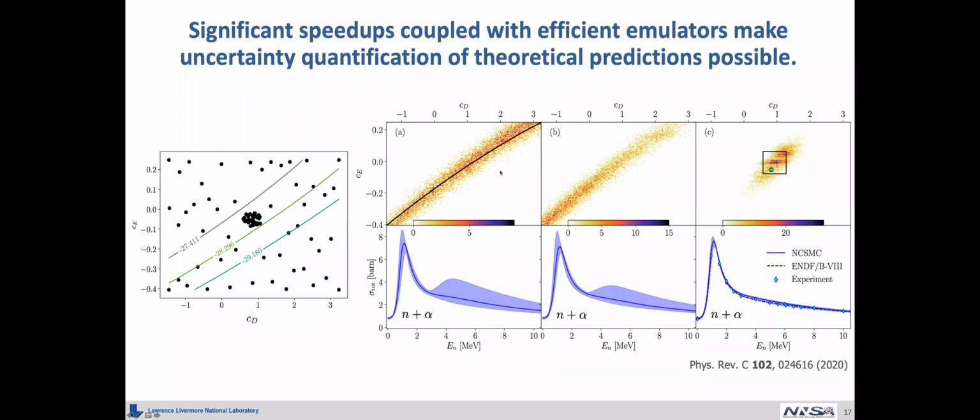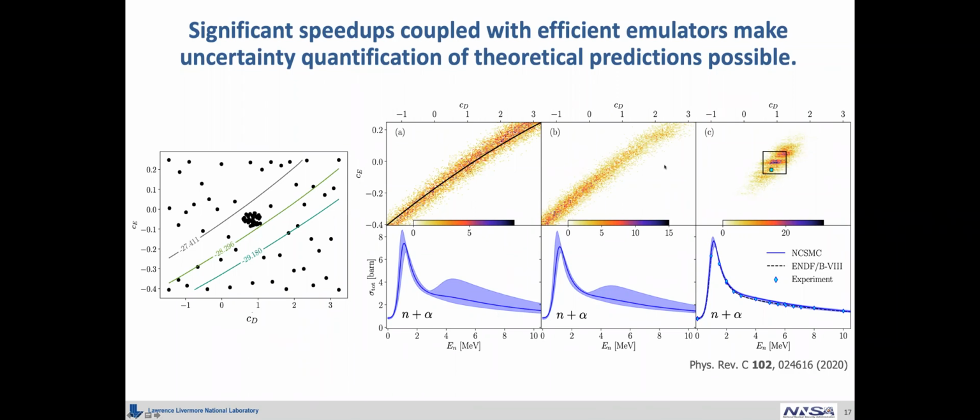So what is shown here is, as we progressively add more and more constraints on CD and CE, how does the uncertainty of the total cross-section change? Originally we added the helium-4 binding energy. This gets rid of all this region, but there's still quite a bit of uncertainty in the total cross-section.